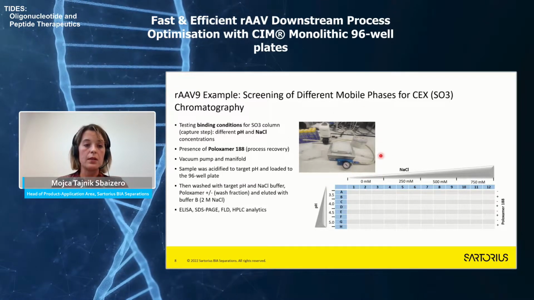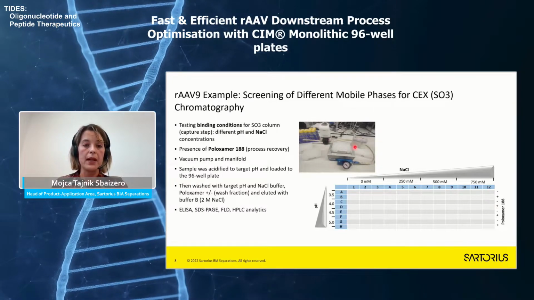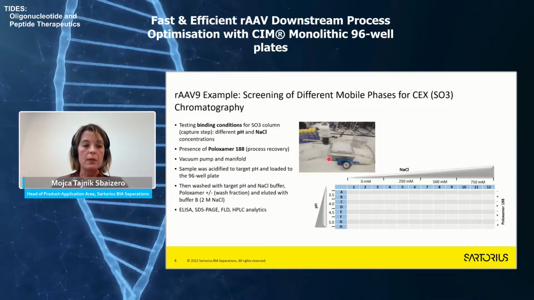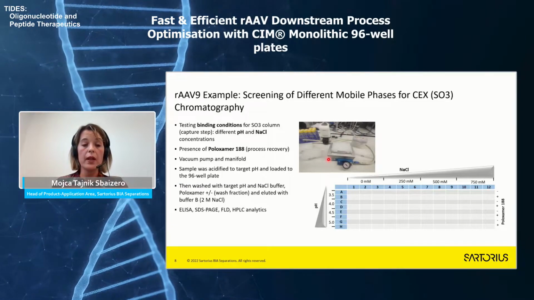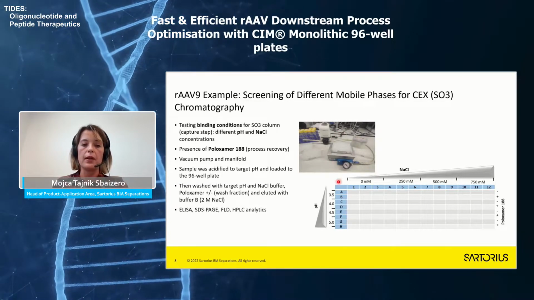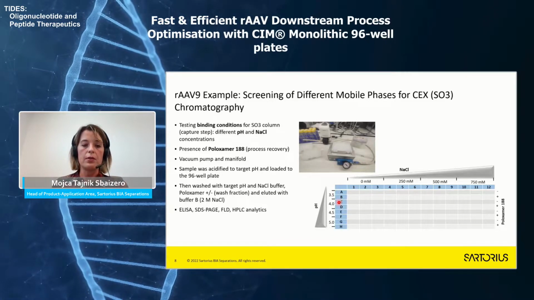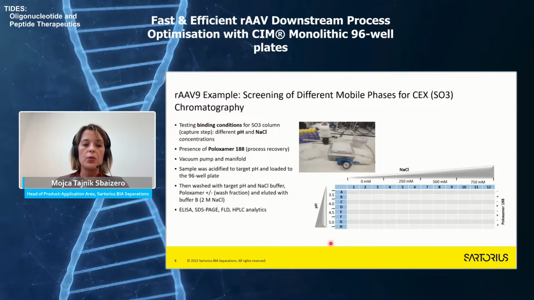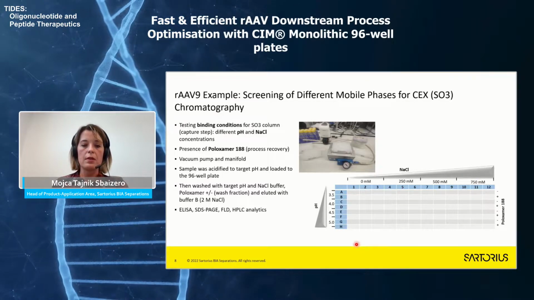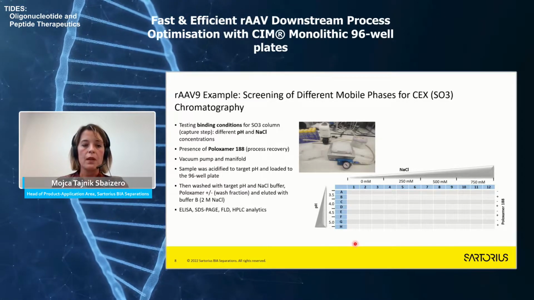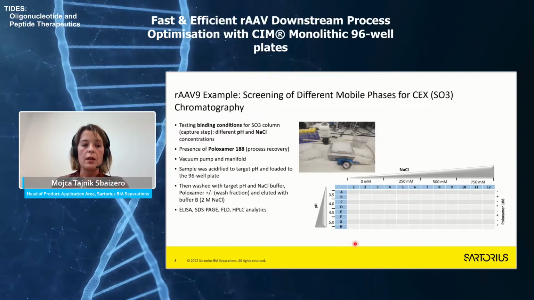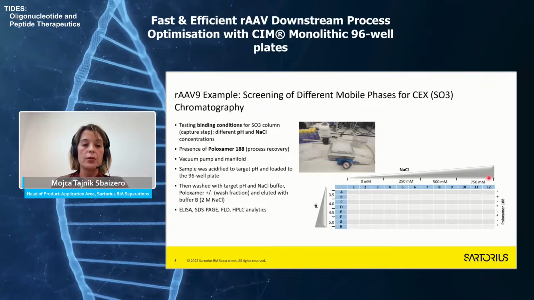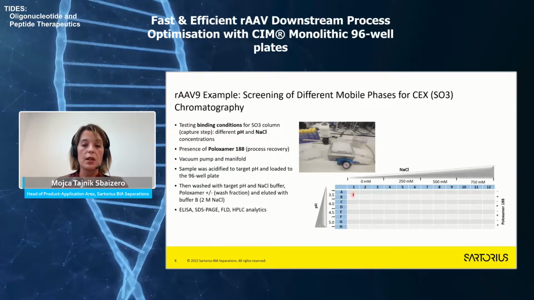We had the classic vacuum pump and manifold where we attached our 96 well plate. We acidified the sample to the target pH, either 3.5, 4.5, or 5. Then we loaded all the samples to the plate. Then we washed with buffers that had adjusted salt concentration, pH, and poloxamer.